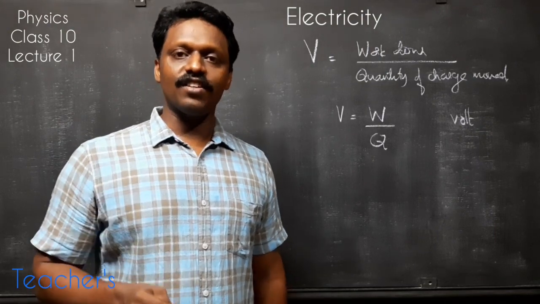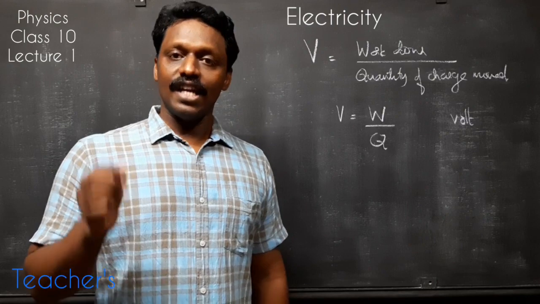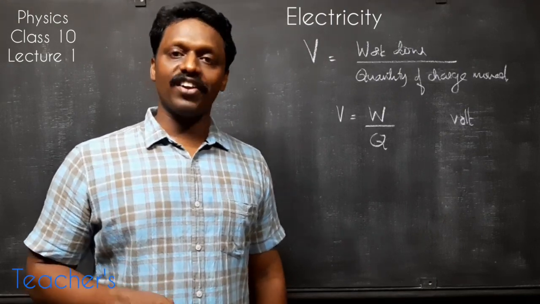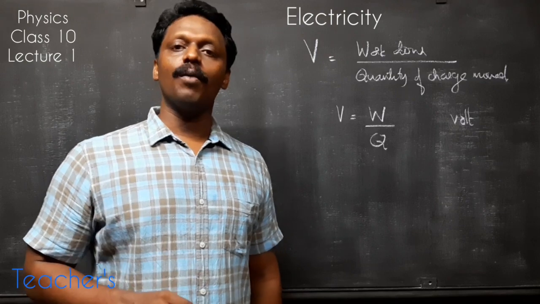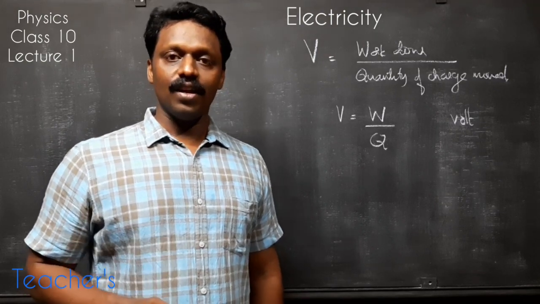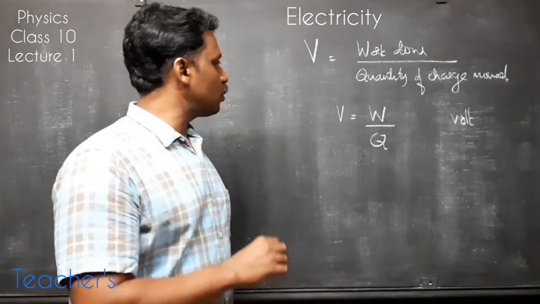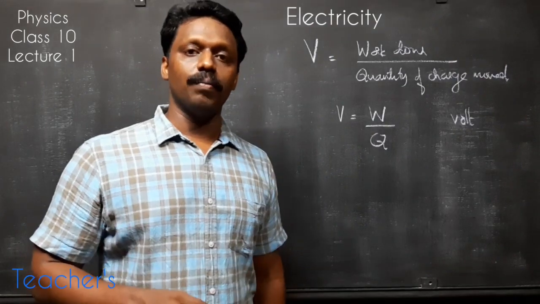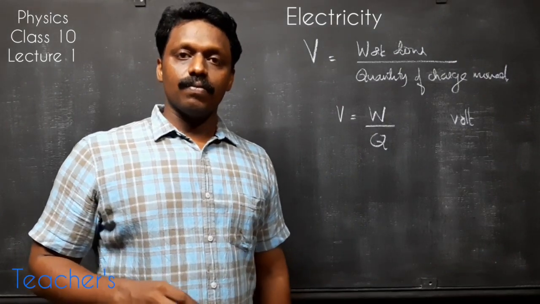The potential difference between 2 points is said to be 1 volt if 1 joule of work is done in moving 1 coulomb of electric charge from one point to the other. Thus, 1 volt is equal to 1 joule per coulomb.